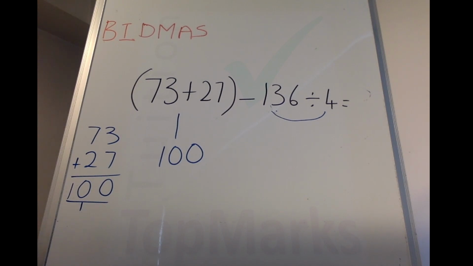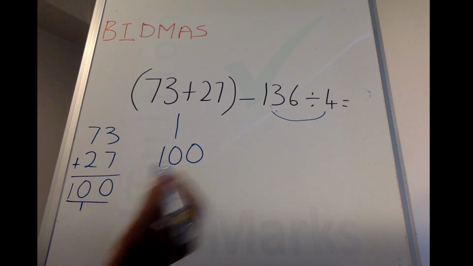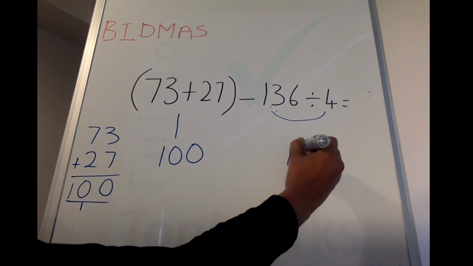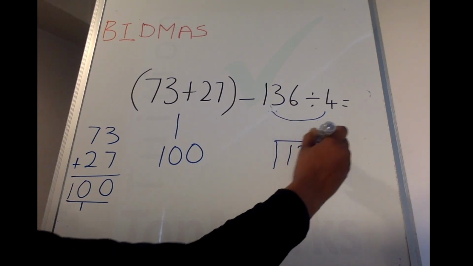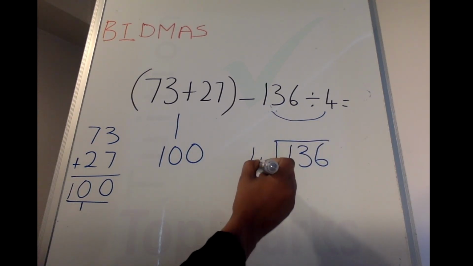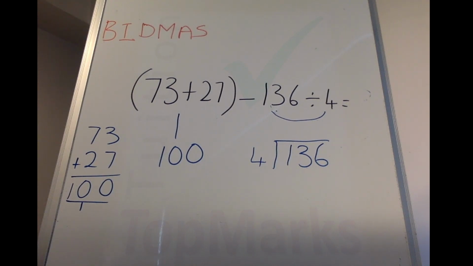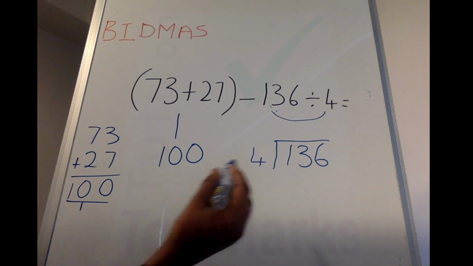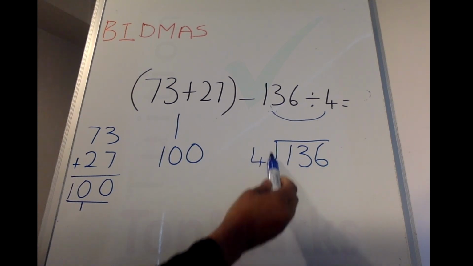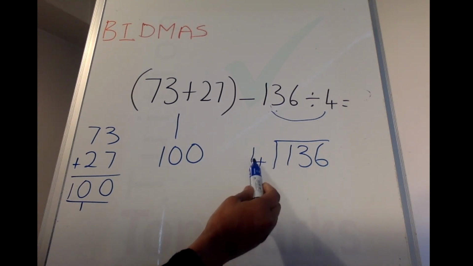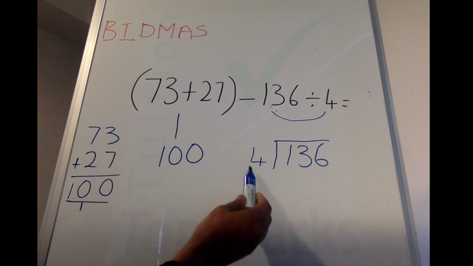And again, if you cannot work the answer out mentally, it's not a problem. Let's set it out using the formal written method for short division using the bus stop method. I am dividing 136 by 4, so I need to be thinking about my 4 times table.